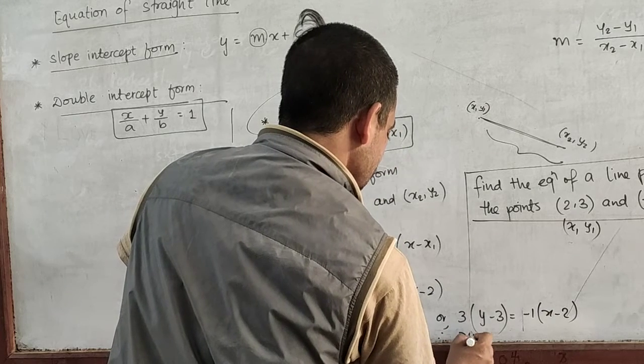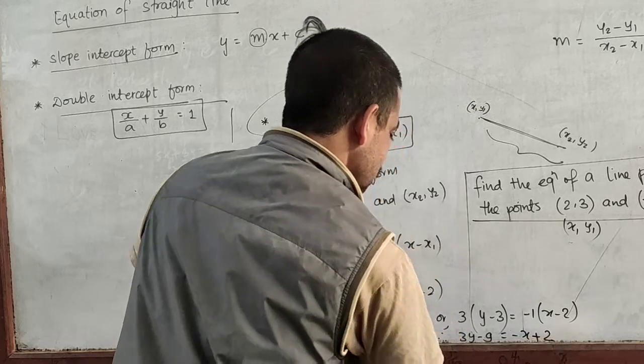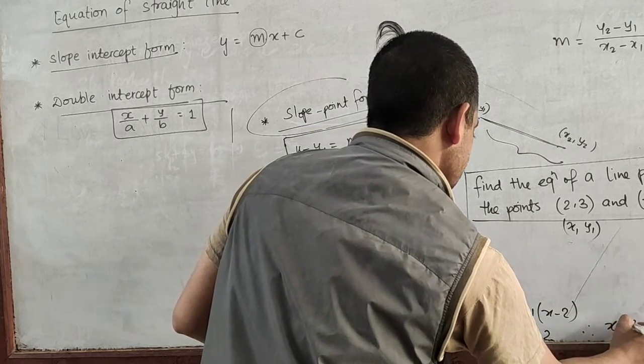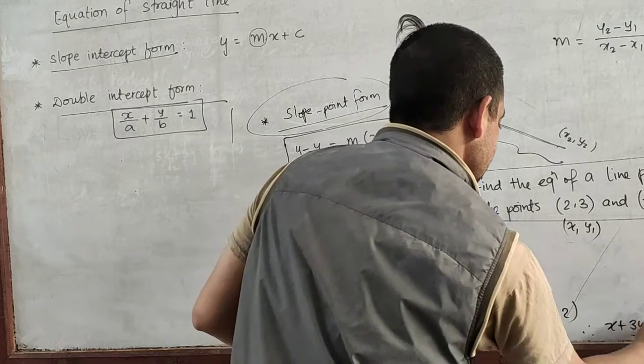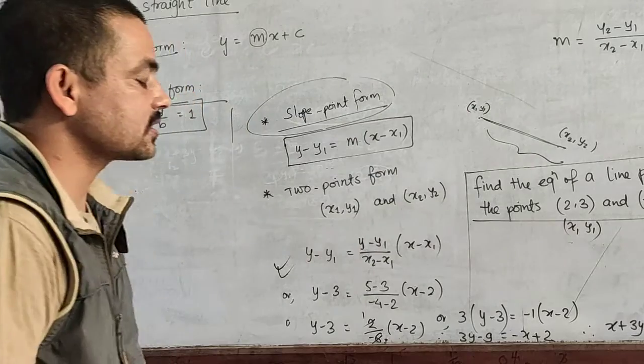Therefore 3y minus 9 equals negative x plus 2. Therefore take x to the left side: x plus 3y minus 11 equals 0 is the required equation of the line.